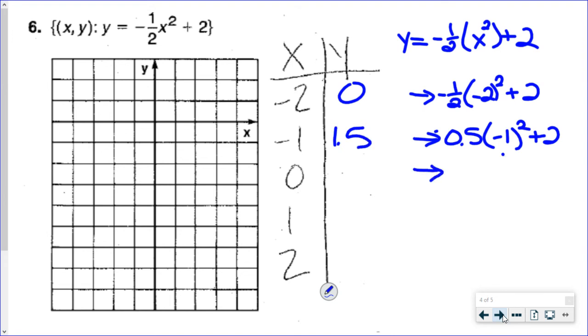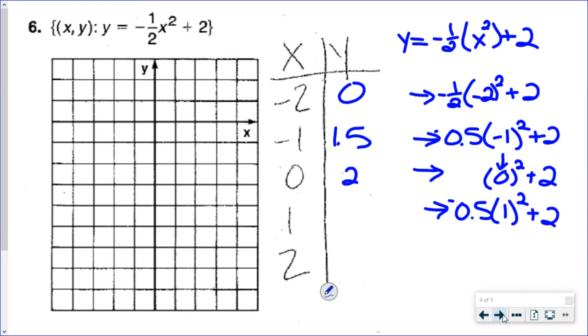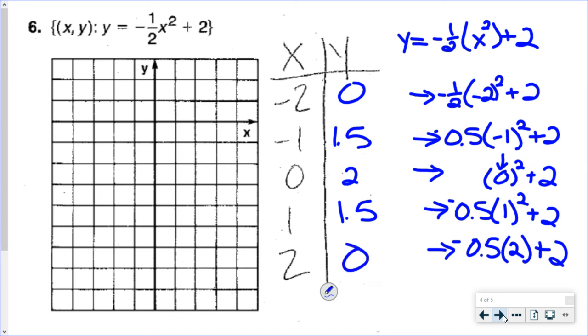When I put a 0 in here, it makes it easy. It's just 2, because 0 makes things go away. Now I'm going to put a positive 1 in here, and it'll give me a 1.5. And then I'm going to put a positive 2 in here. And again, I'm just changing the number in the parentheses in my calculator, and it gives me a 0.